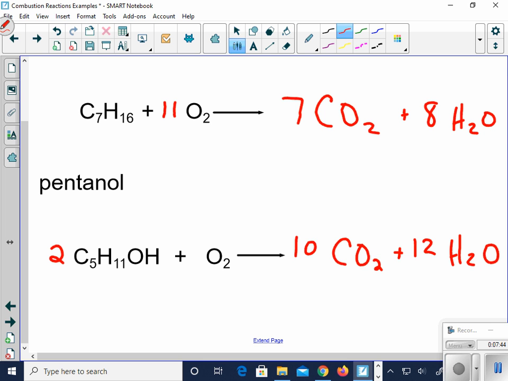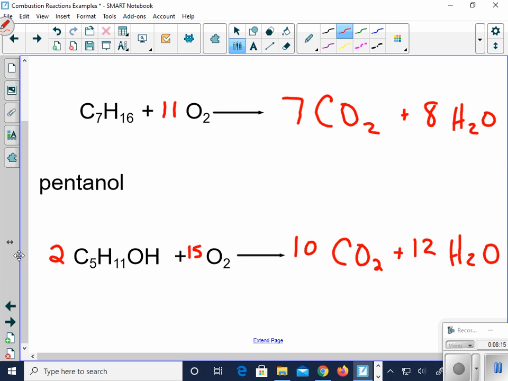Now let me add up my oxygens. 10 times 2 is 20. 20 and 12 is 32, right? Well, I have 2 right there. If I put 15 here, 32. 32. Clean it up. Now, I go back and check.